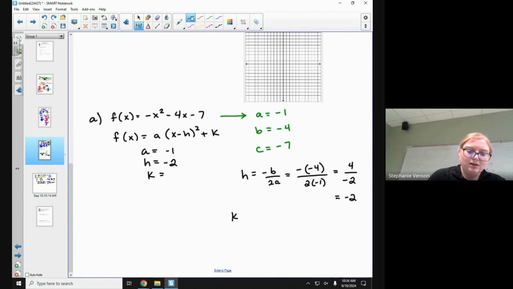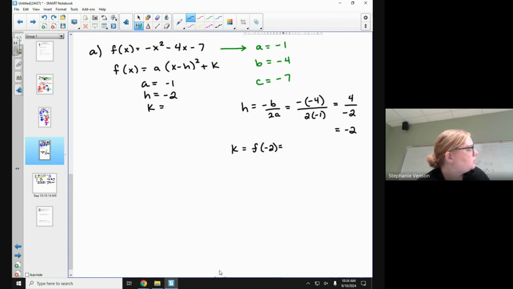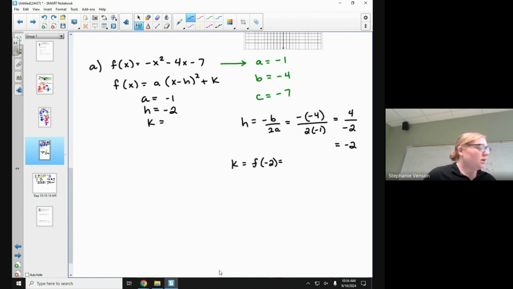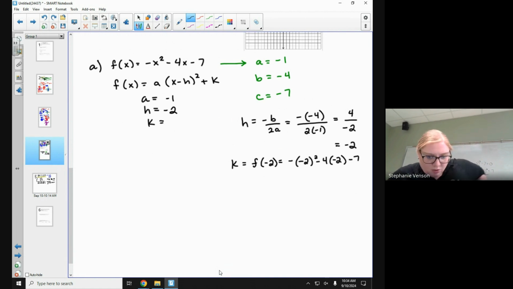And then my k is found by taking that value and plugging it back into the original formula. So I'm going to calculate f of -2. Moving it down a little bit so you guys in the back can see. That would be negative (-2) squared minus 4 times -2 minus 7. So I'll take my calculator.